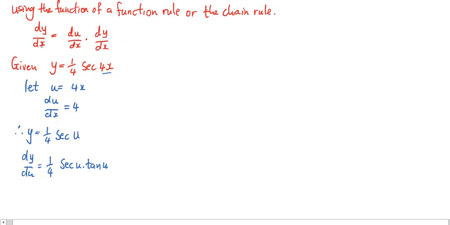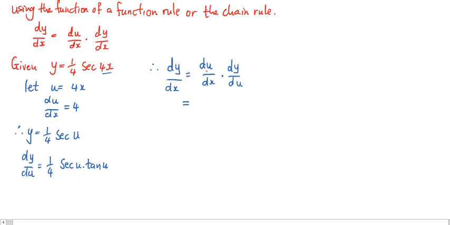So now we have du over dx and we have dy over du. We can go back into the function of a function rule and find our derivative. The derivative dy over dx will be du over dx multiplying with dy over du. Okay, I think there was an omission there.